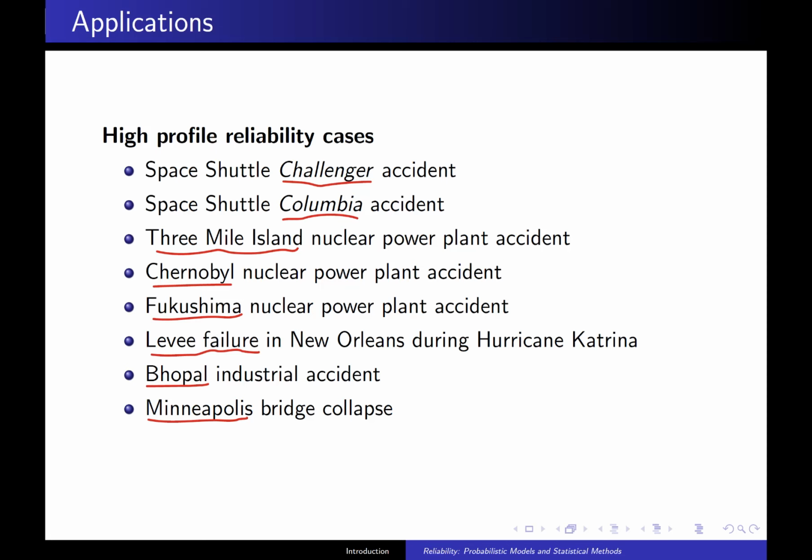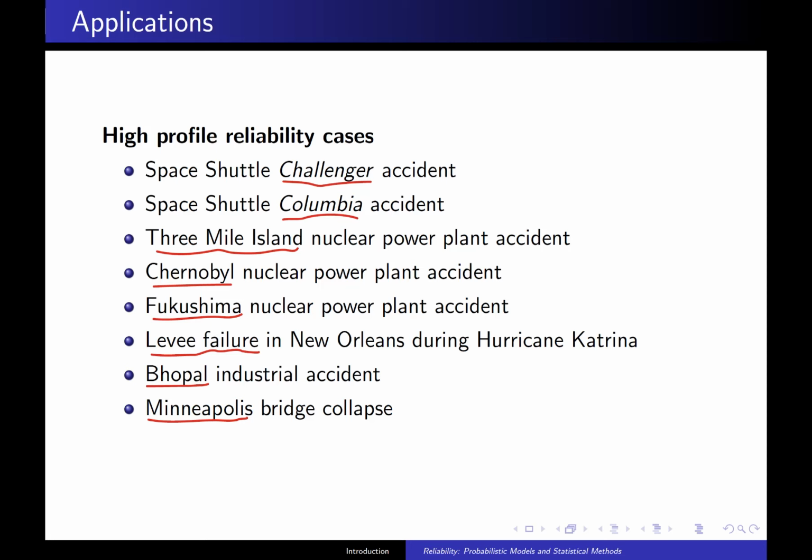And more recently, you have the Francis Scott Key bridge collapse in 2024. All of these high-profile reliability cases resulted in loss of life, with the exception of the Three Mile Island nuclear power plant accident. And so reliability concerns and how to avoid such catastrophes in the future is important.